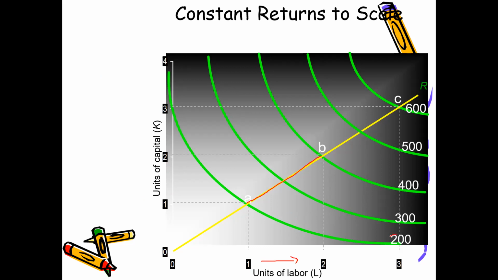Output increases from 200 to 400, by 200. Again, inputs increase at the same rate, 2 to 3. Look at the output increase, 400 to 600, which means 200.